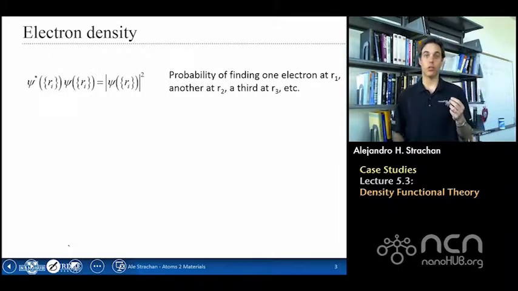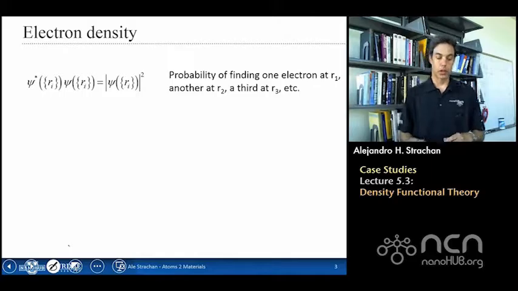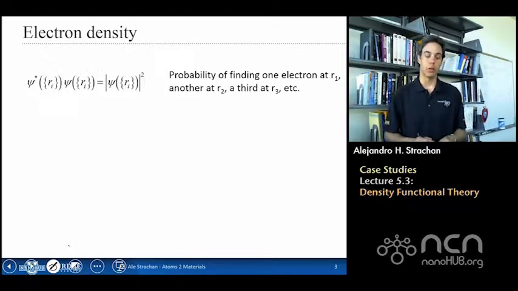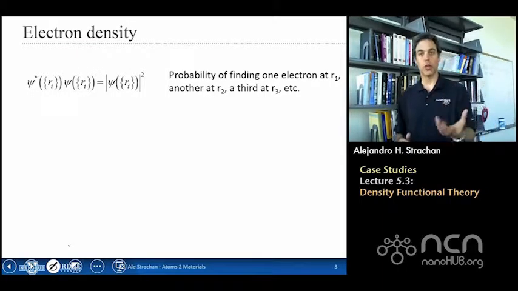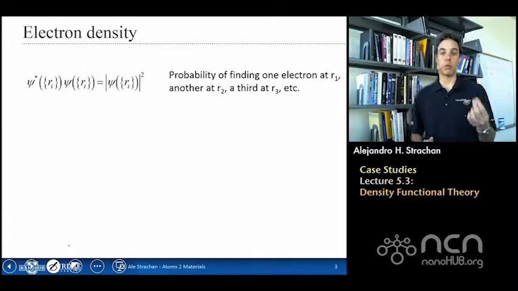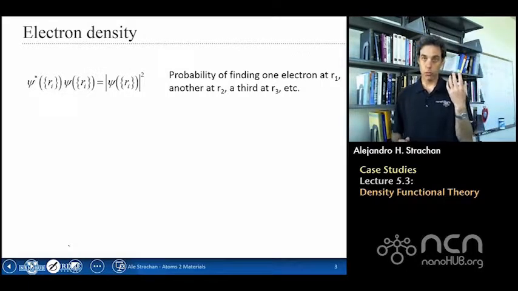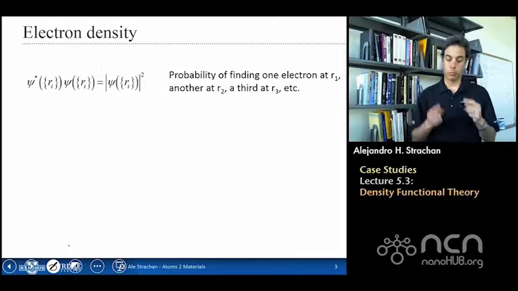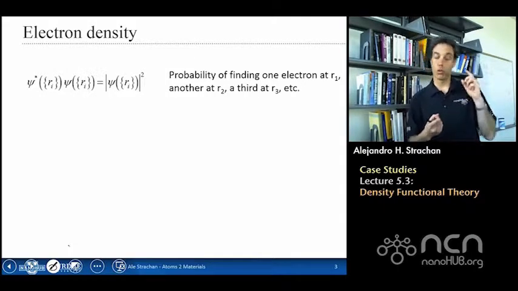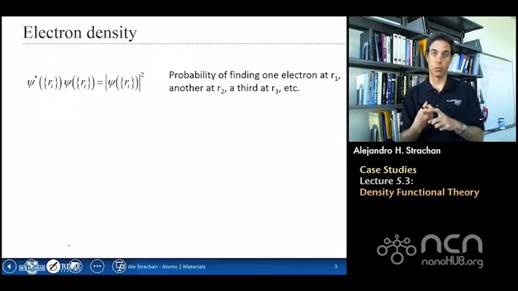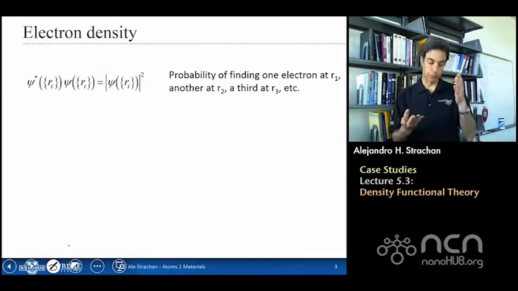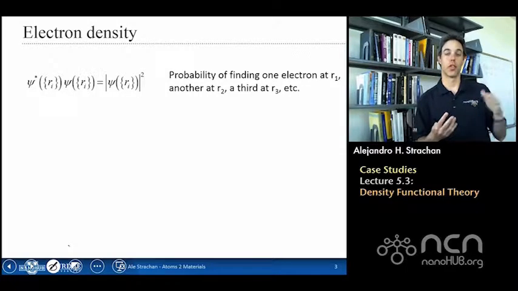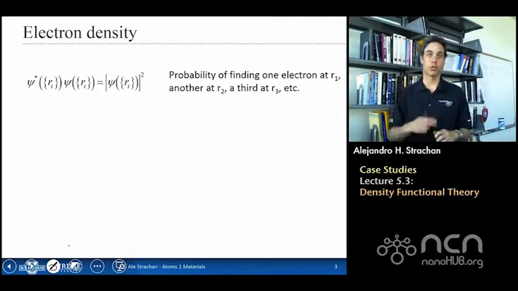Before jumping into the Hohenberg-Kohn theorem, let's think about what electron density means. Let's start with the wave function. This is the full wave function, in 3N-dimensional space. We know that the square of the wave function is the probability density. We have multiple electrons, so it's the probability density of finding one electron at r1, another electron at r2, another electron at r3, and so on, up to N electrons.